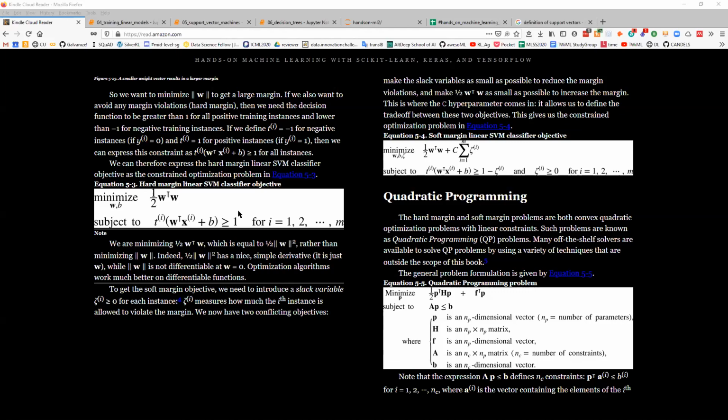Number 8, he kind of just did it with the iris data set, and number 9 is MNIST, and basically he's asking you to train one versus the rest to classify all digits. And number 10 is train an SVM regressor on the California housing data set. I guess pick one. Yeah, why don't we just do one?